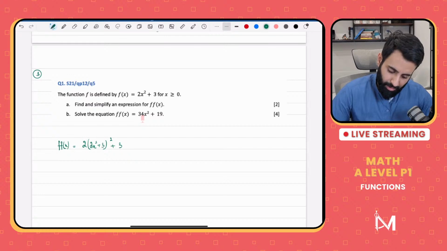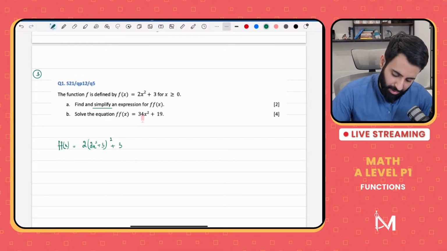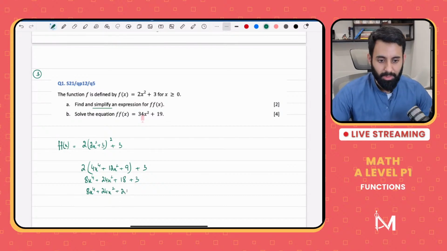Now the question did say find and simplify, so we have to expand and simplify as well. So this will become 4x power 4 plus 2 into 3 is 6, 6 times 2 is 12, 12x squared plus 9 and then plus 3. So 8x power 4 plus 24x squared plus 9 times 2, which is 18, plus 3. So that means 8x power 4 plus 24x squared plus 18 plus 3, which is equal to 21.